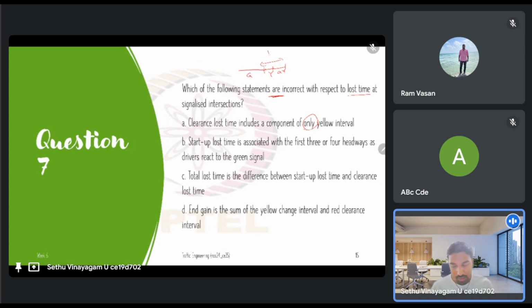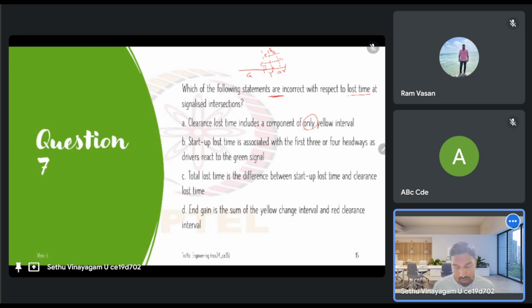Okay, initially some portion of it will be utilized, but the vehicles will start slowing down. So this portion where the vehicles actually use it, that is the portion we call the end gain, and they will lose some of this remaining portion, right? That remaining portion that is lost is what we call the clearance loss time, represented by L2.